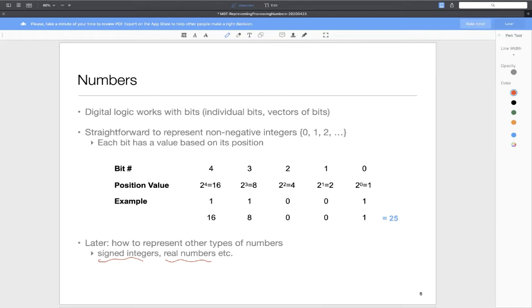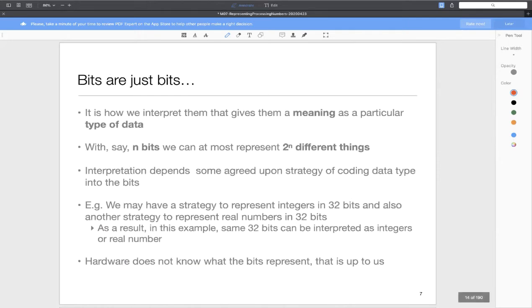But it could also be the identity of an object in a room, or anything, right? I can use these bits to represent anything. All we know is that if I have n bits, then I can represent 2 to the power n different things. And how we code what we want to code, which could be numbers but could be anything else, playing cards, dates, depends upon some strategy of coding that we agree upon.